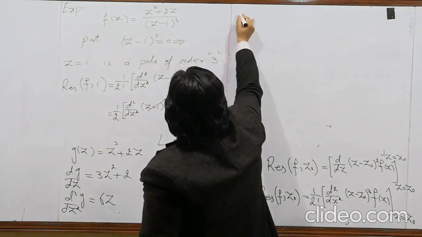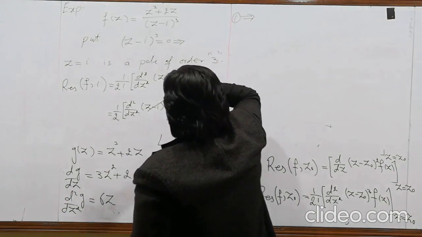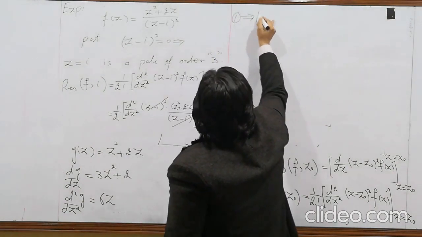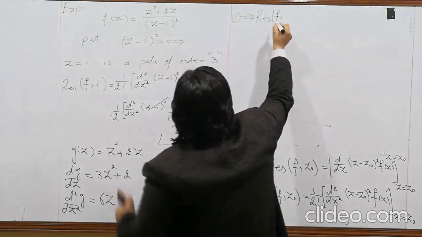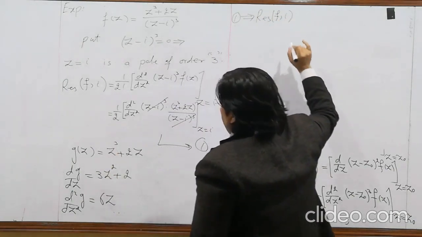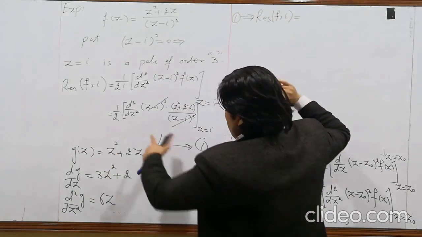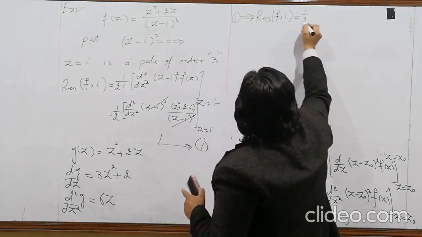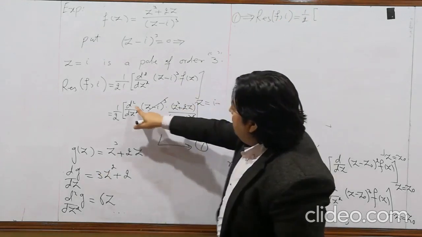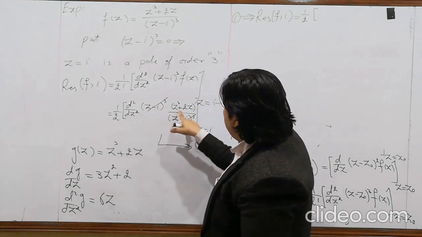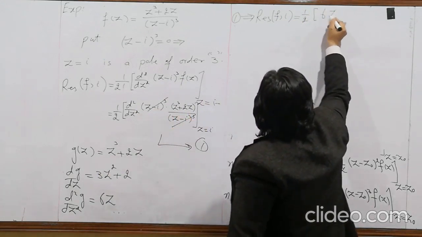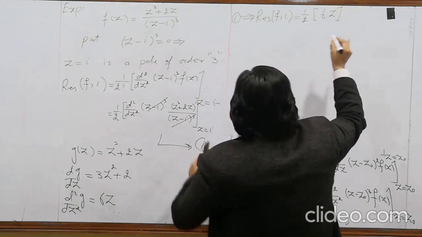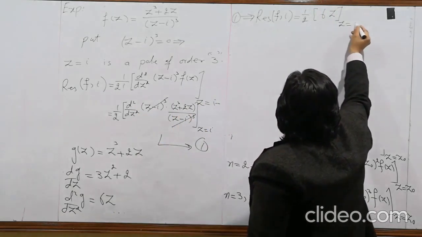So 1 implies that the residue of the function f at iota is equal to 1 over 2, and d square over dz square of z cube plus 2z, this is 6z, and the point is z is equal to iota.